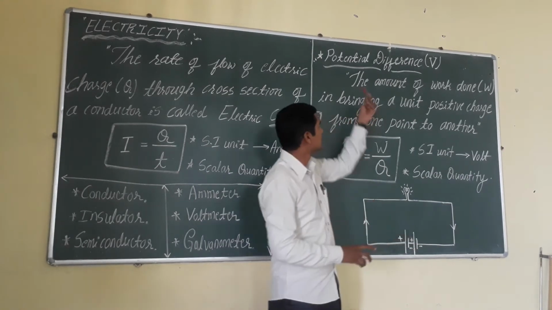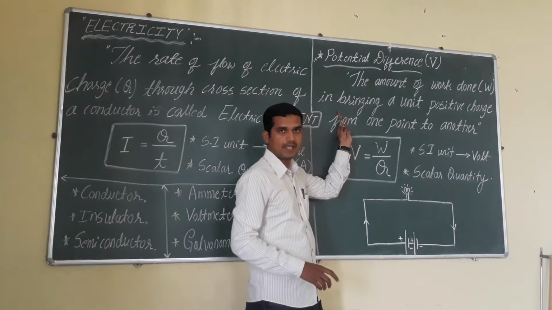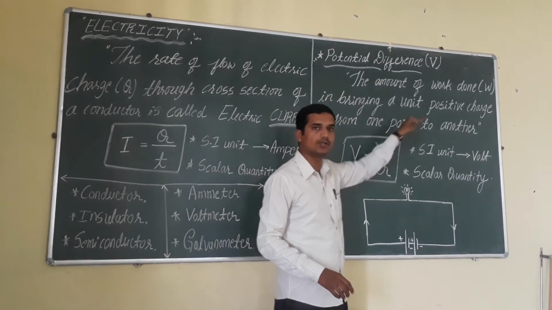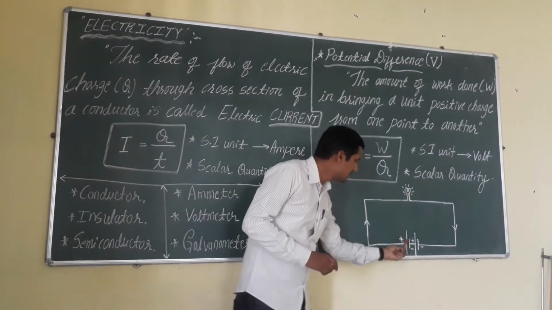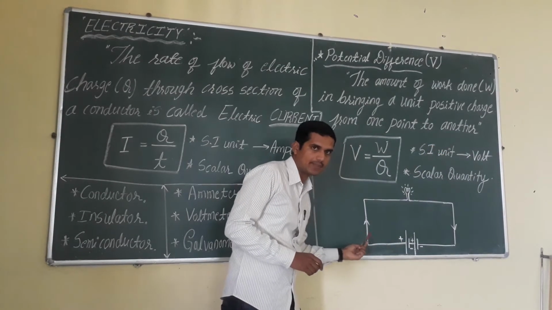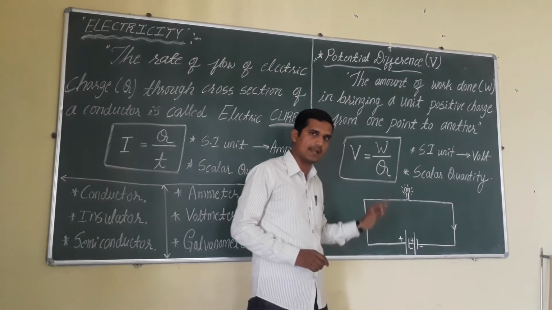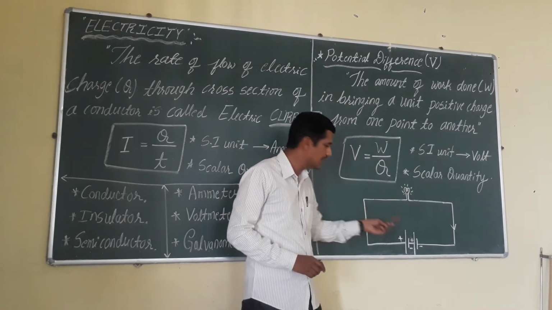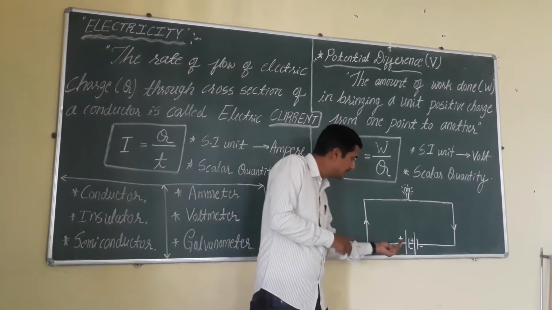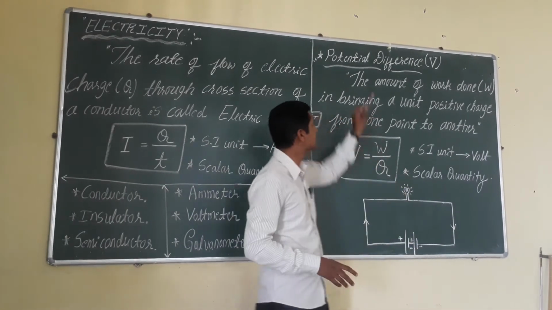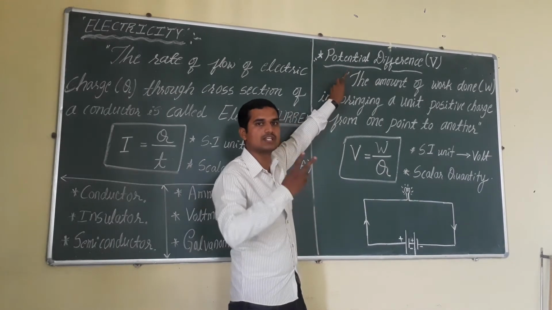That is, the amount of work done in bringing a unit positive charge from one point to another point. Here the charge is flowing from this point to this point. The amount of work done in bringing a unit positive charge from this point to this point is simply called electric potential or potential difference.